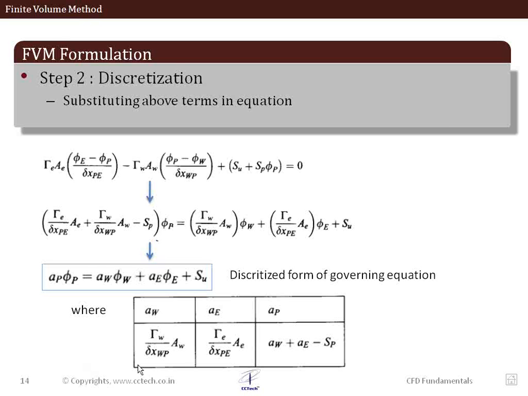So this delta x represents the distance between the two cell centroids P and W or P and E, depending upon what you are trying to look at. And what you can appreciate here is this is where the grid information comes into the picture. So the grid, the coarser it is or the finer it is, this is represented in the equation through these coefficients AW and AE and AP. So your grid is being accounted for in the discretization of the equations.